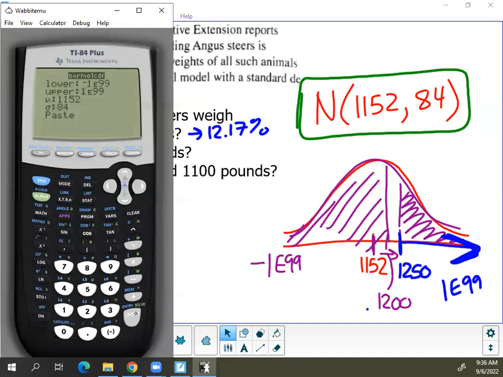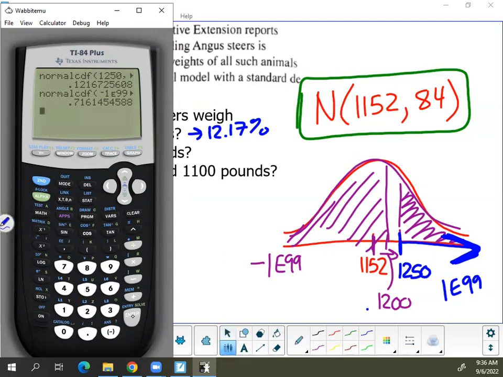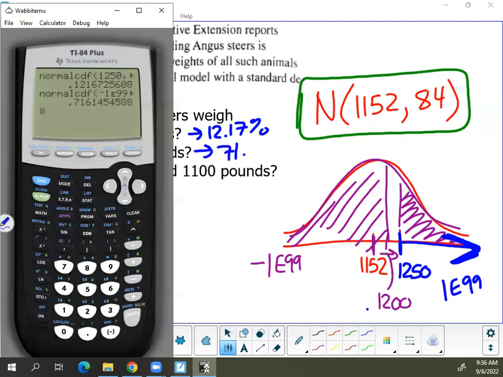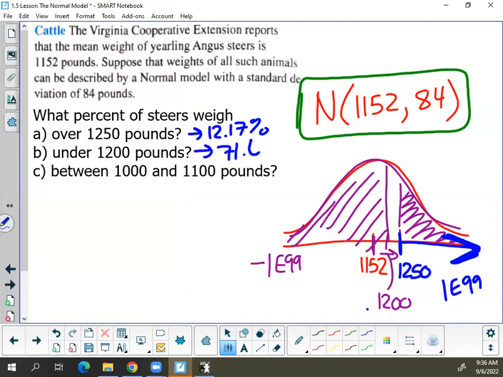It goes on forever. It's my left tail. The right part of my shading is 1,200. I have the same mean and standard deviation. And so I can find that approximately 71.61% is going to be less than or under 1,200 pounds.